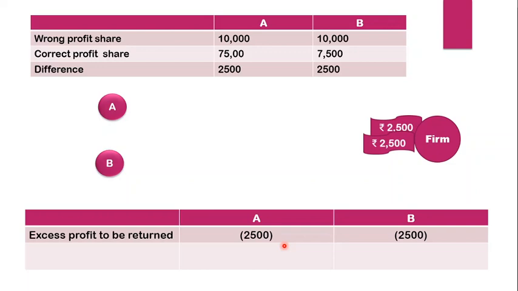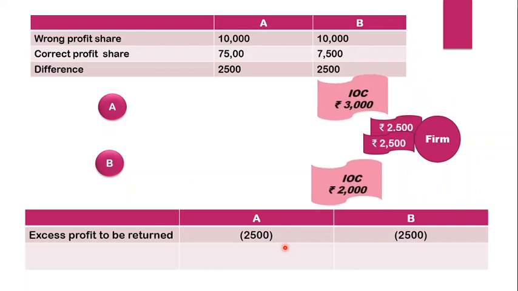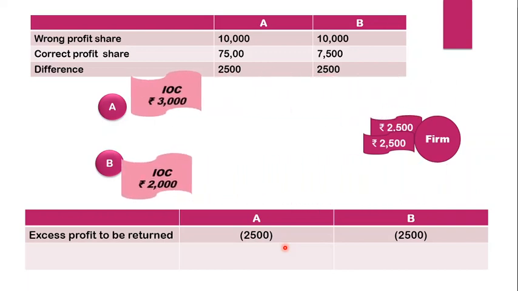There is one more thing, that is, the firm also has to provide interest on capital of 3,000 and 2,000 respectively to A and B. So that amount goes to A and B. So we can say they are going to receive this money, 3,000 and 2,000, as interest on capital.